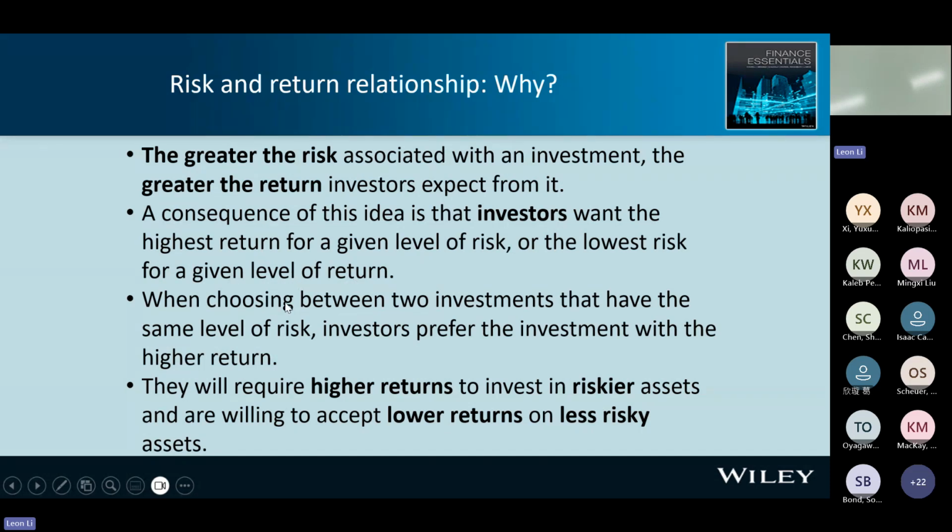So when choosing between 2 investments that have the same level of risk, investors will prefer the investment with higher return. They will require higher return to invest in the riskier asset and are willing to accept lower return on a less risky asset.